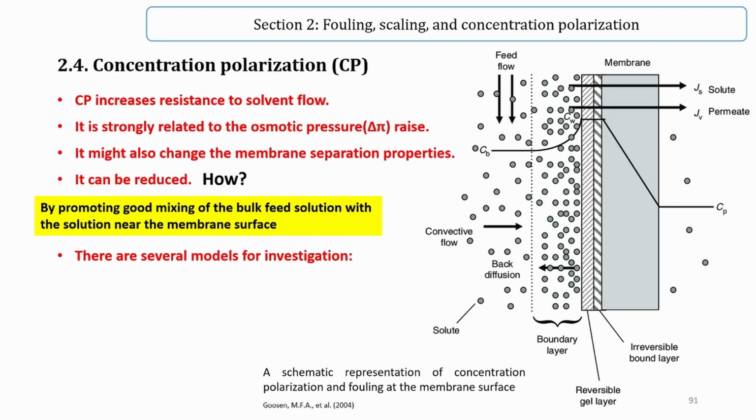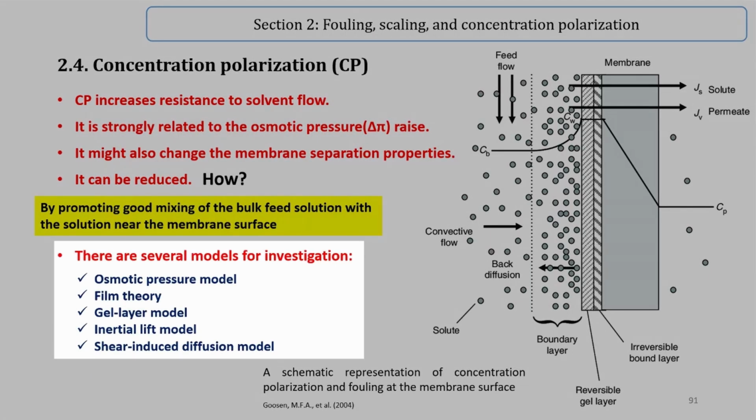The prediction of the concentration polarization is required for the design and operation of pressure-driven membrane systems. However, the experimental determination of the solute concentration profiles in the polarization layer still presents many limitations.